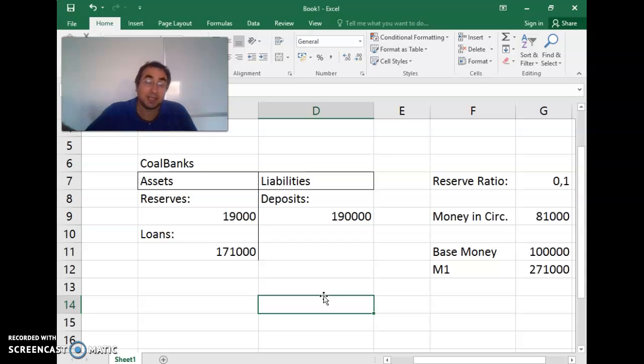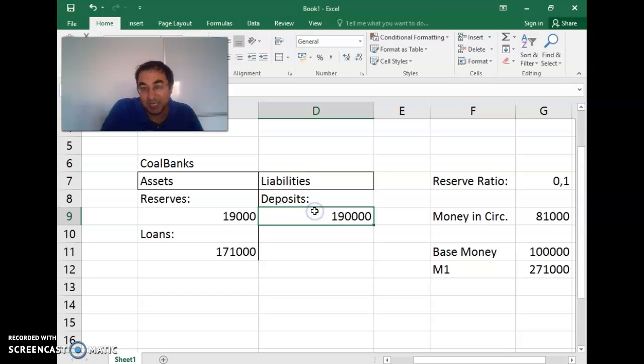They will send $81,000 back to the economic system, since the amount of deposits in the bank has risen. So from this additional $90,000, in addition to the $10,000 which was in their reserves, they are putting 10%, $9,000, into the reserve and sending $81,000 back to the economy as paper money.